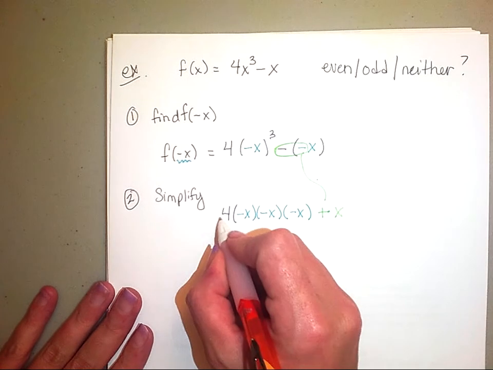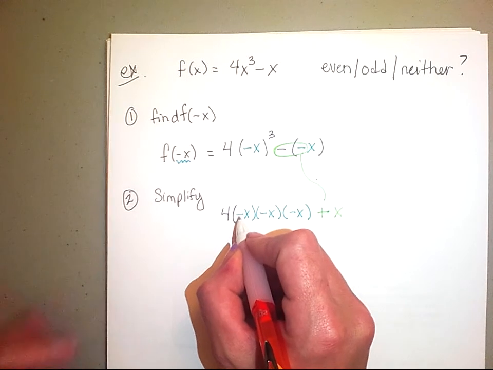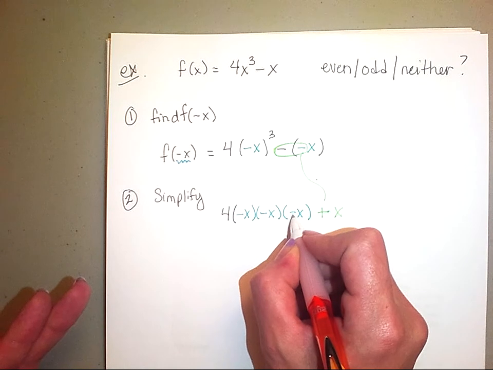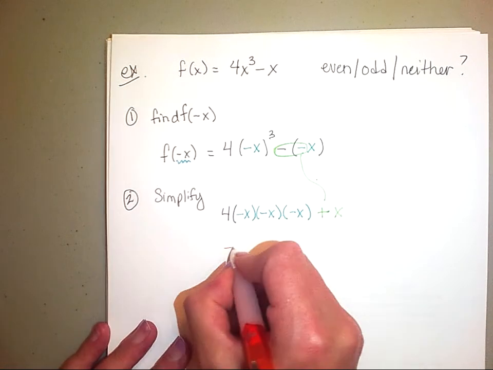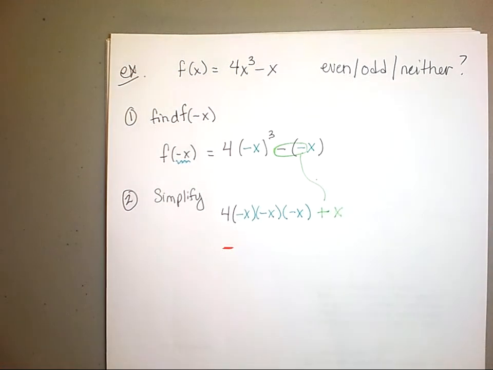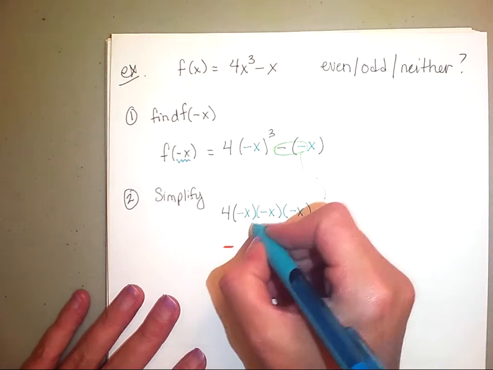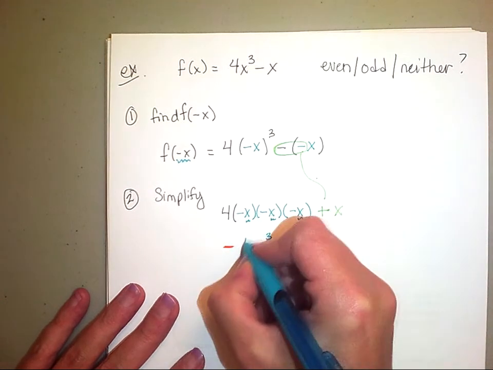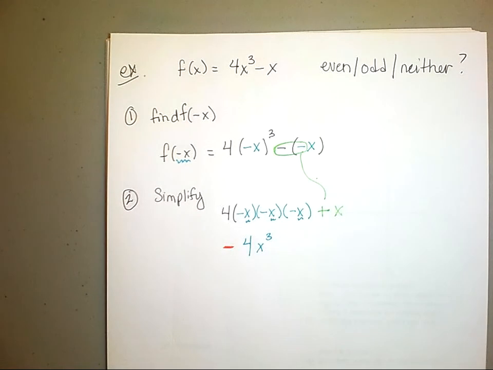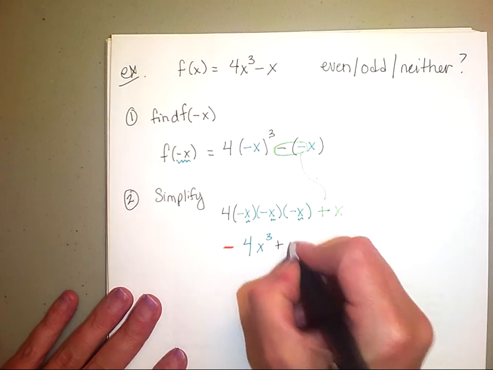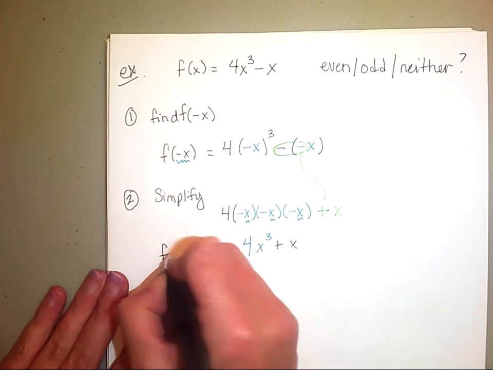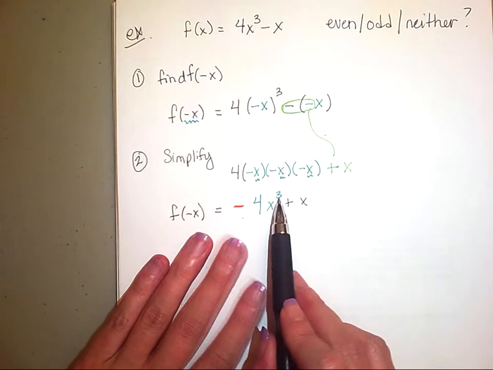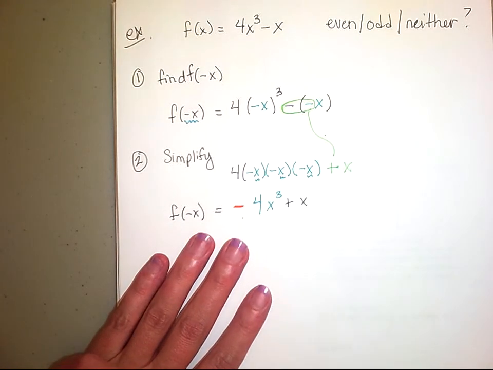Now we have positive 4 negative x, so that's negative, times a negative is positive, times another negative is negative. So we'll get the negative there. And then x times x times x is x cubed, and 4 times that is there. So f of negative x simplifies to negative 4x cubed plus x.